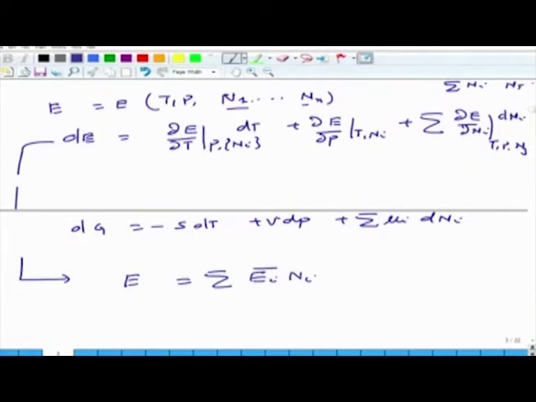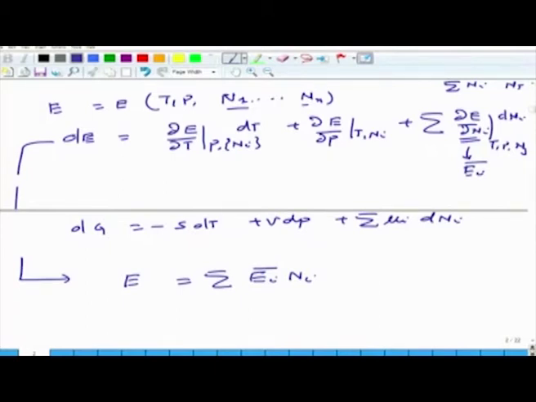This is a very straightforward exercise. You can do exactly the same as you have done for getting G equal to the summation of mu i Ni, because here mu i is nothing but Ei bar. When you integrate, you get exactly the same as in other cases. This exercise can be done for any extensive variable.